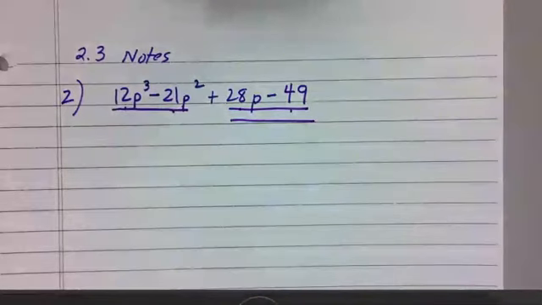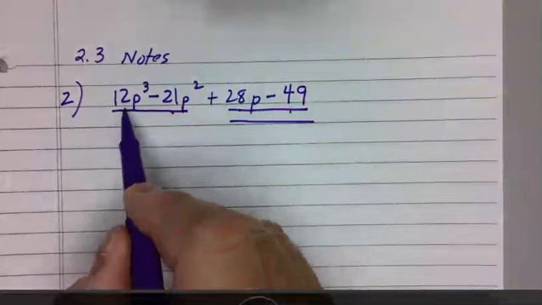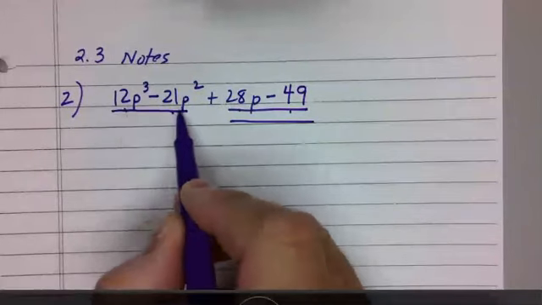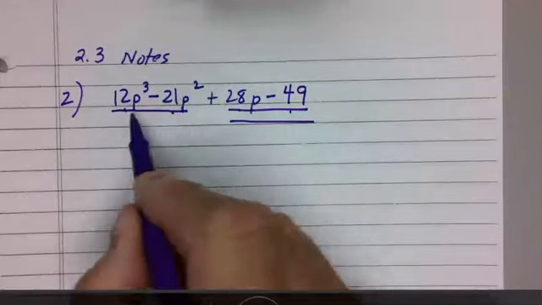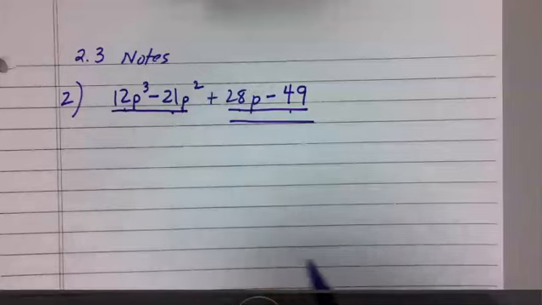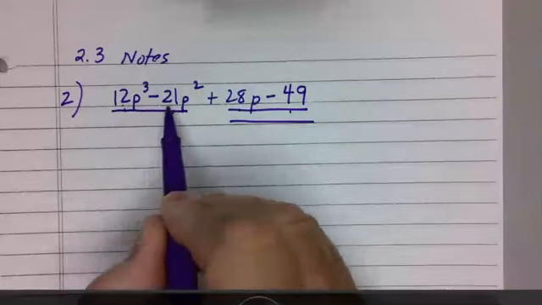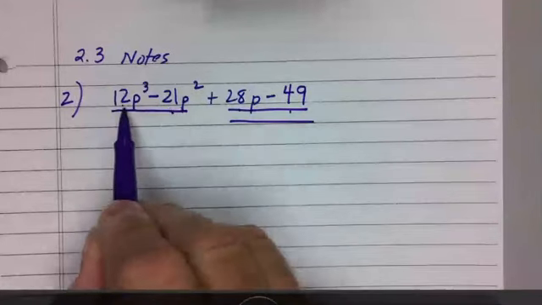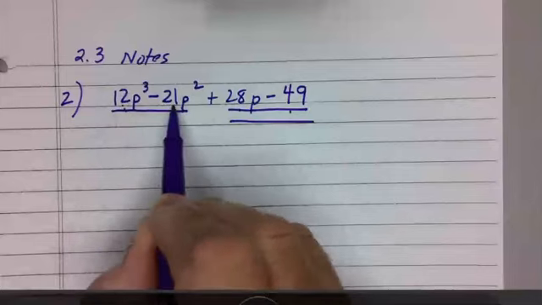Now, what is the GCF between 12p cubed and 21p squared? What would I factor out of those 2? Does 12 go into 21? Okay, what's the next biggest factor for 12? 6, correct? Does 6 go into 21?